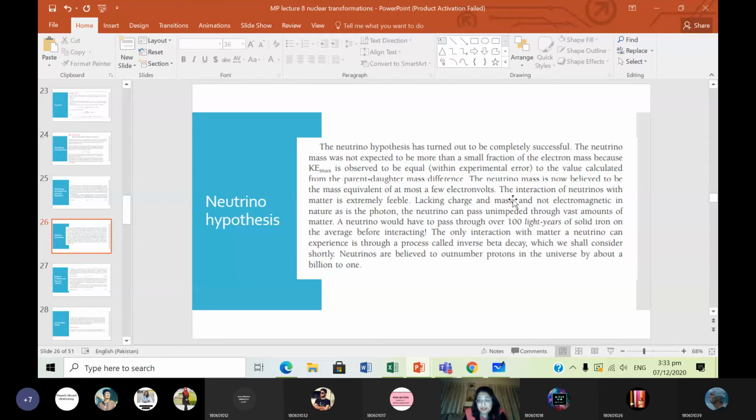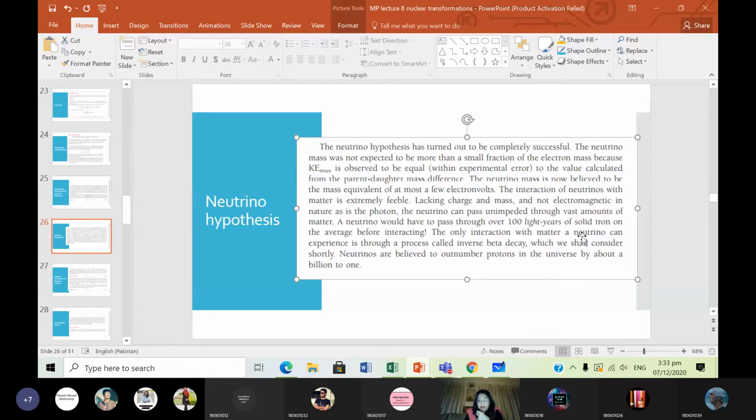But there is still some mass, but very close to zero. And it does not have any charge, and mass is very small, and so it does not have any electromagnetic interactions. Some properties of them is that it can pass through a large amount of matter without any interaction.